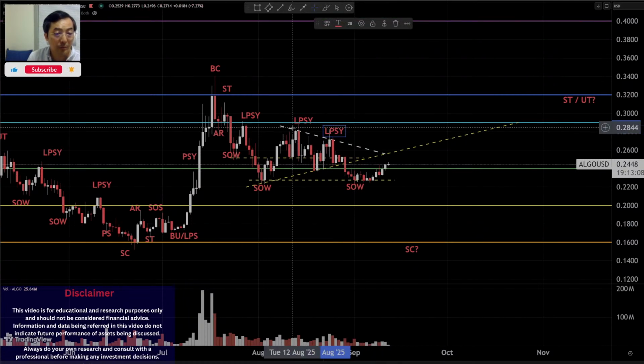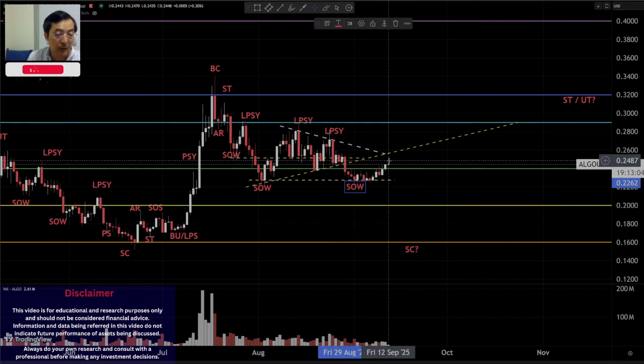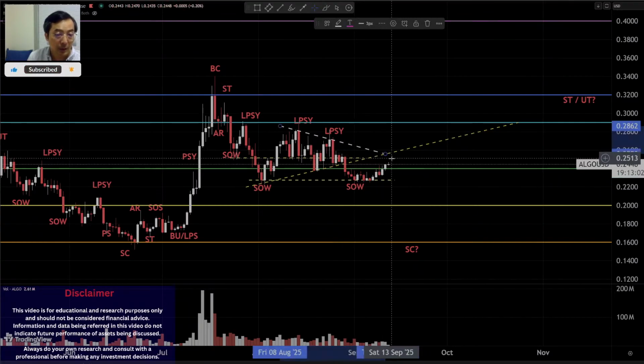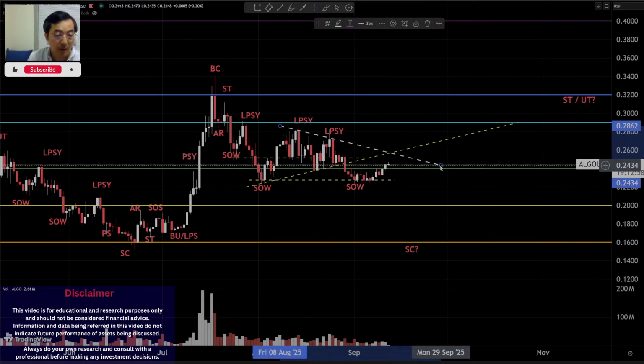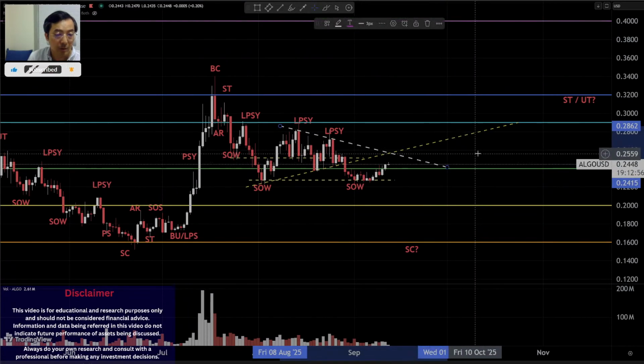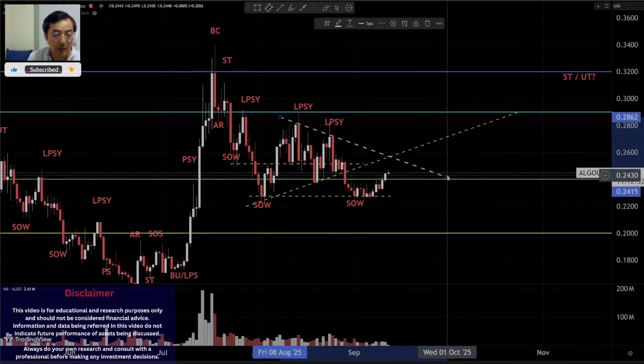Now, given the price has gone to another sign of weakness and is just reclimbing from it, if I extend this line further over here, if the price continues to trade, we already touched on a mid-September time frame, but this one is even earlier, so it can be as early as October 1st.